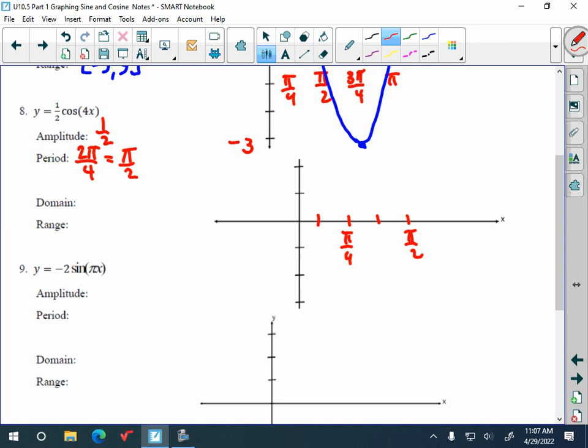Pi over 8. Okay. All right, now to get the third tick mark value, we're going to take that first one, multiply by 3. So 3 times pi over 8 is 3 pi over 8. All right, so the x-axis is labeled.